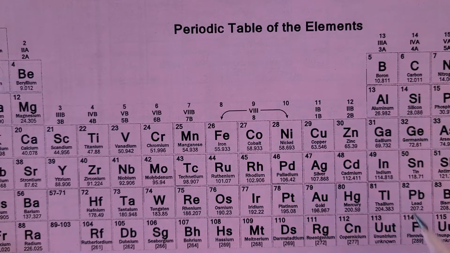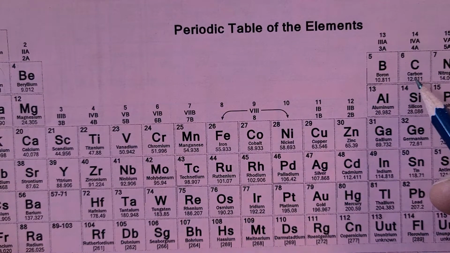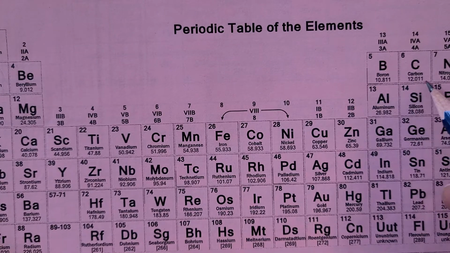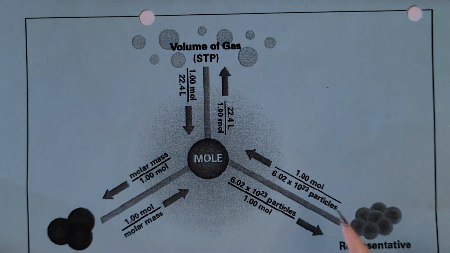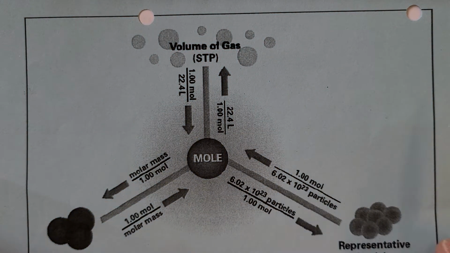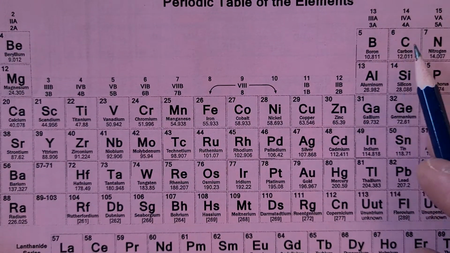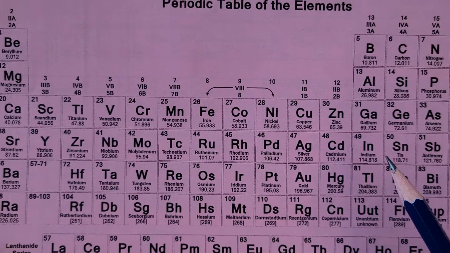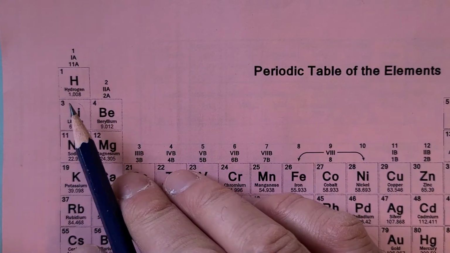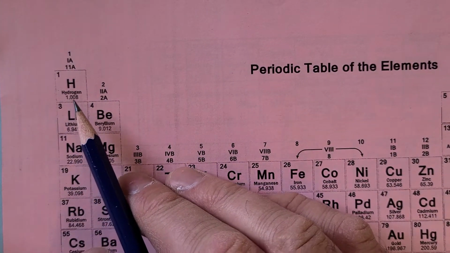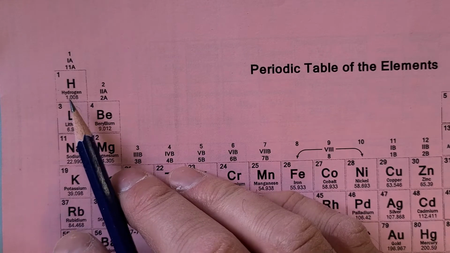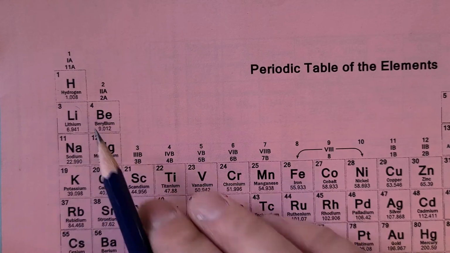To do that, if we had not 1 carbon, not 2 carbons, not a million, but if we had 6.02 times 10 to the 23rd carbon atoms and threw them on a balance, they would have a mass of 12.011 grams. Same thing with hydrogen. If I had 6.02 times 10 to the 23rd atoms of hydrogen, threw it on a balance, it'd say 1.008 grams.